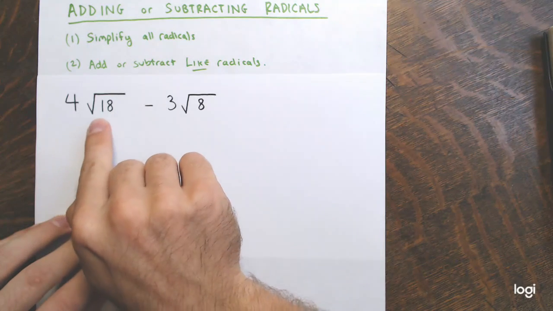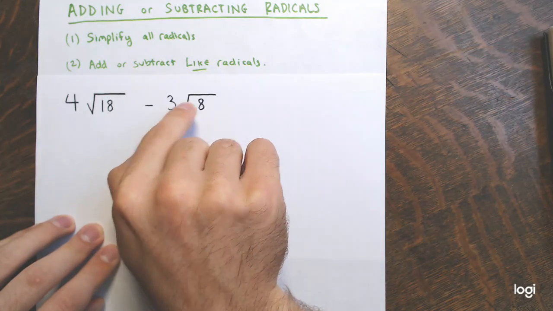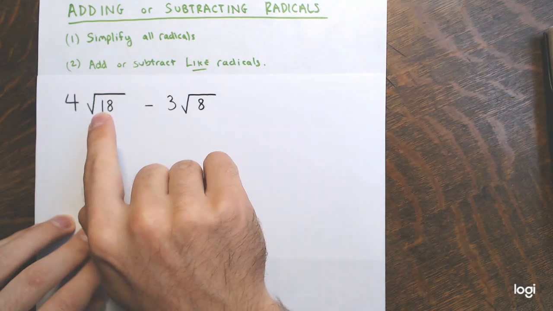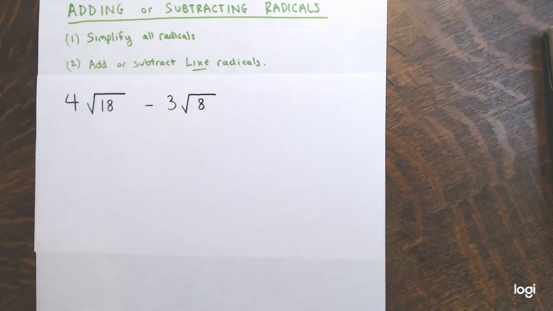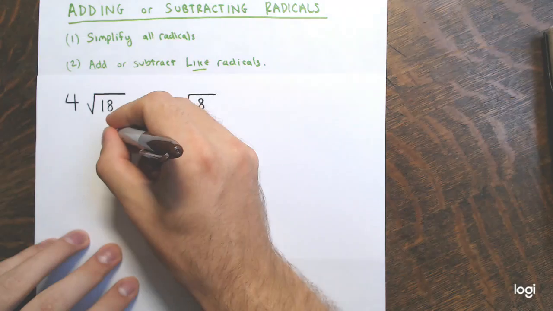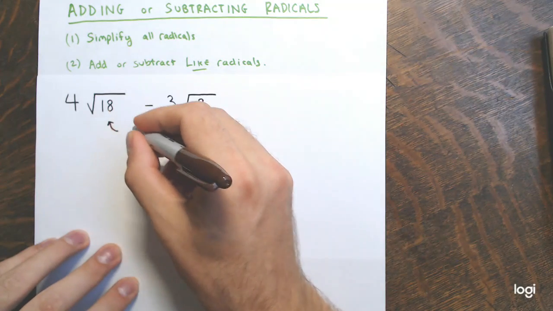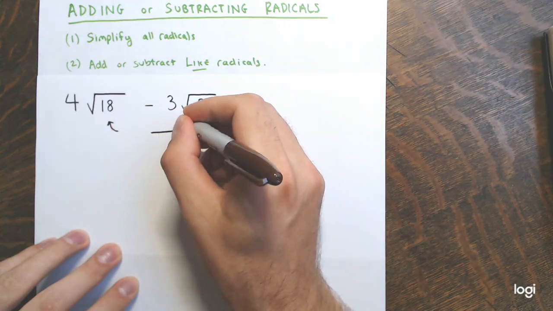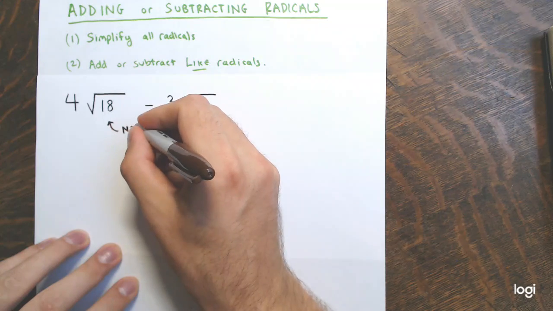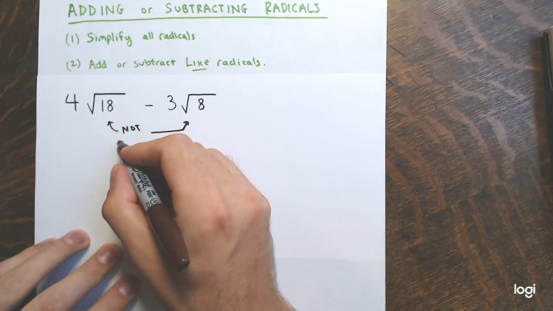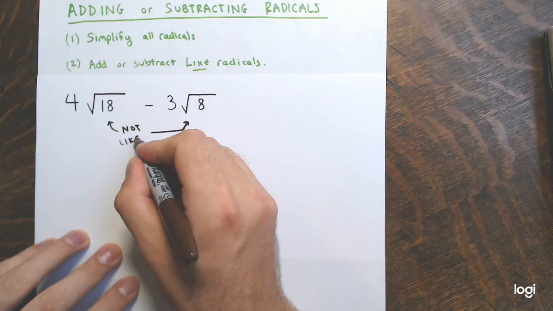Notice how right now these are not like, the square root of 18 and the square root of 8. The reason is that they have different radicands.